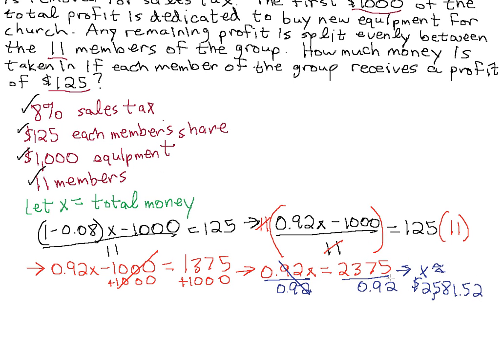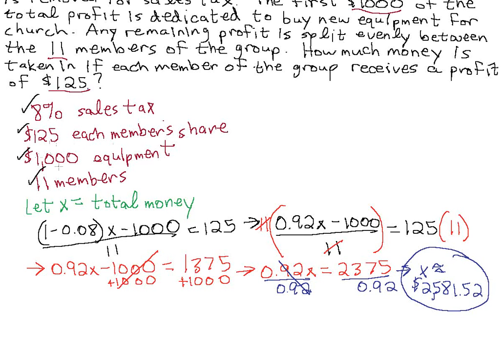So the total money taken in sales is $2,581.52. Okay, so let's remember to check that our answer does a few things. We want to make sure that it makes sense. Does it make sense that this amount of money, after deductions, we split it up 11 ways, and each member gets $125?